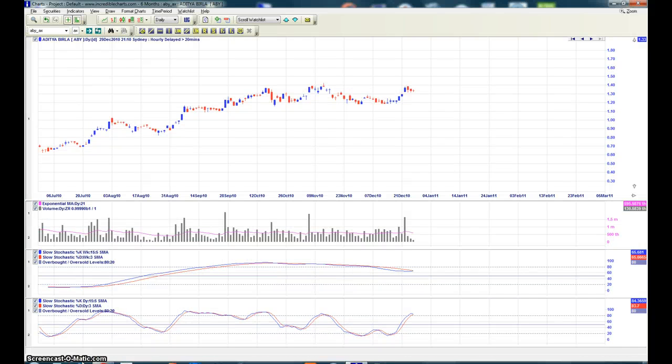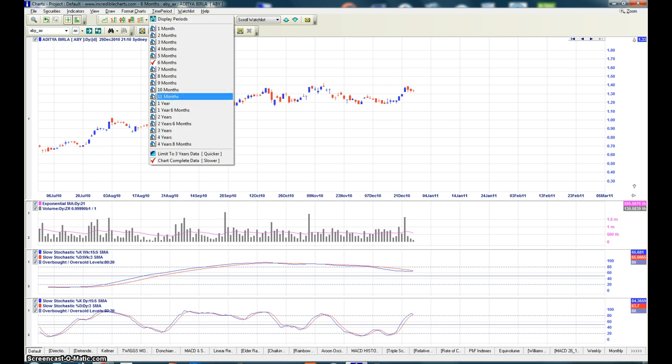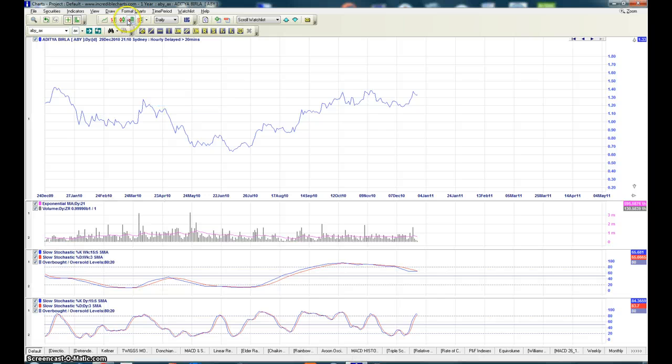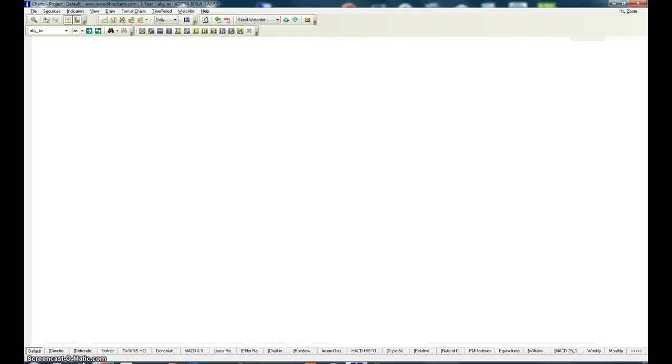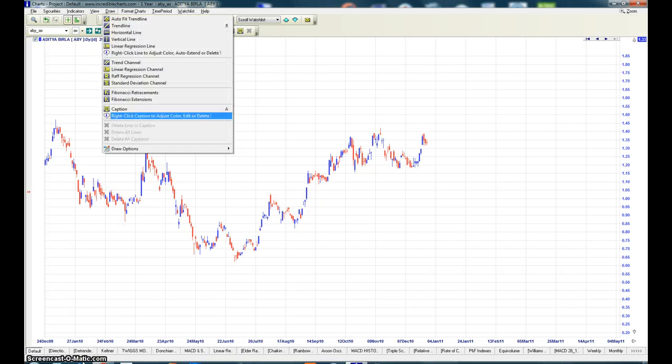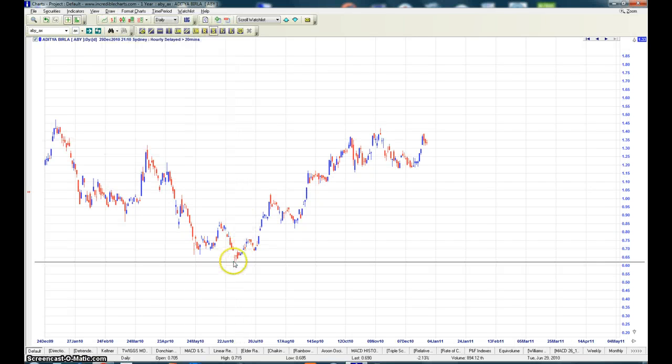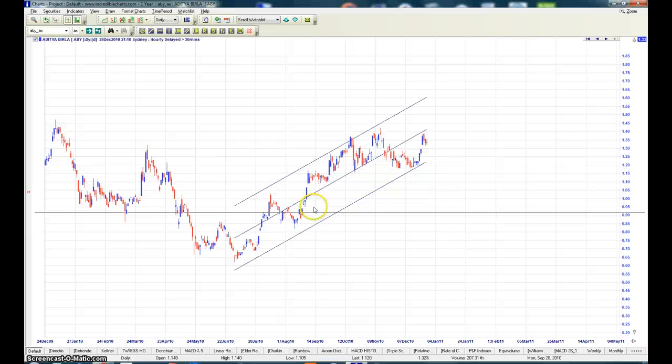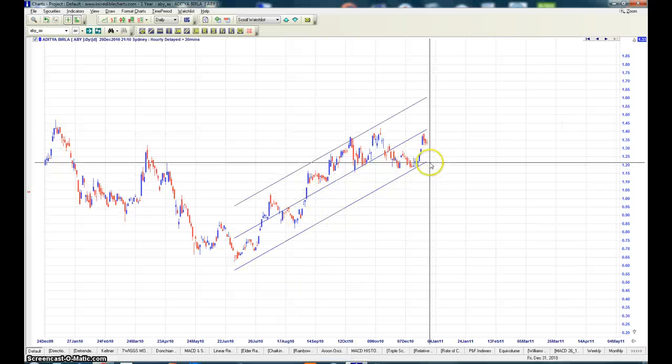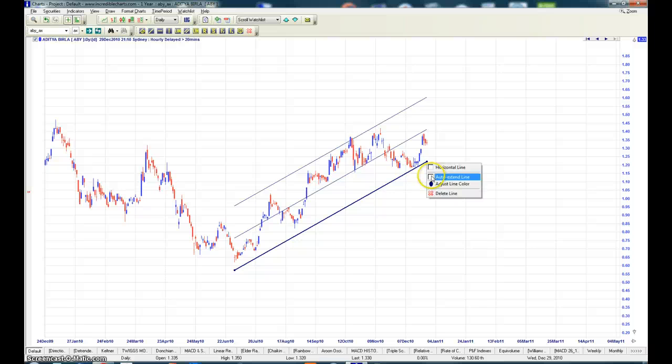What else do I like to see? Okay, let's draw a couple of standard deviation channels there. So it's starting to make a bit of a primary uptrend there.